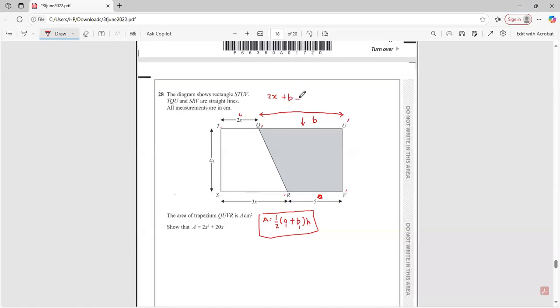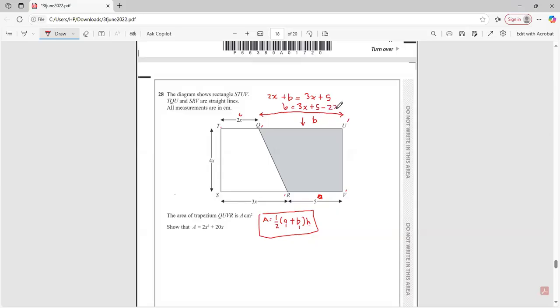is equal to, remember, the opposite side of this rectangle is what? 3x plus 5. So 3x plus 5. Okay, so our question now is, what is B? So let's quickly find B. B will be equal to 3x plus 5 minus 2x. Do you agree with that?